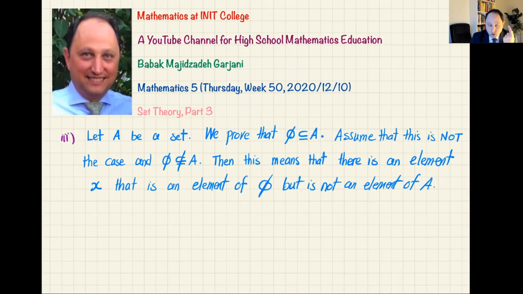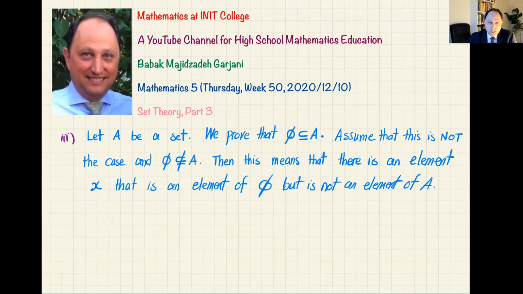If you say no, it means that it is your responsibility now. You have to find an element which is a member of the empty set, but it is not a member of A. When you say no, it is your responsibility now to cook up that, to find that element in the empty set. But is it possible that you can find an element in the empty set?